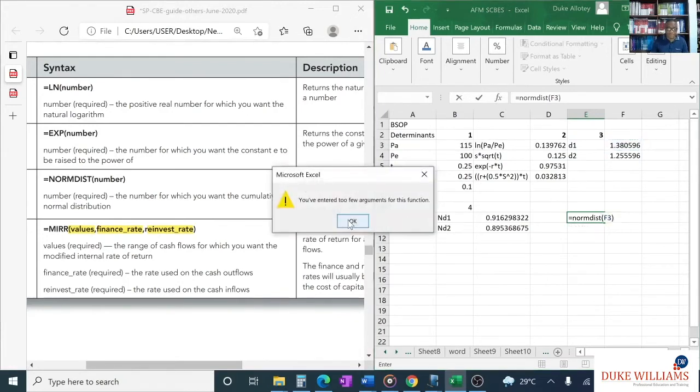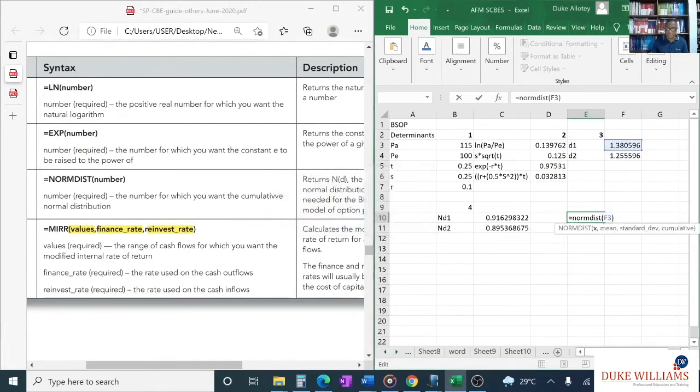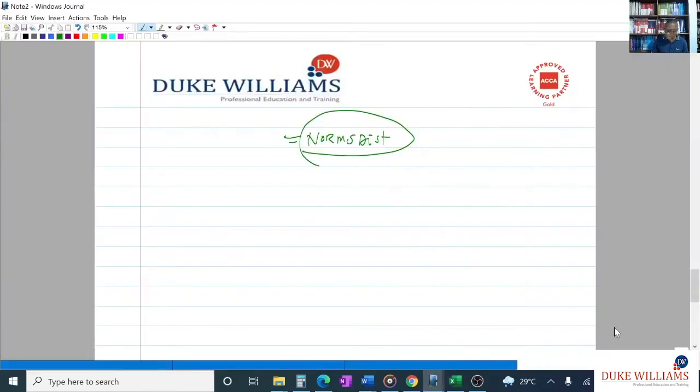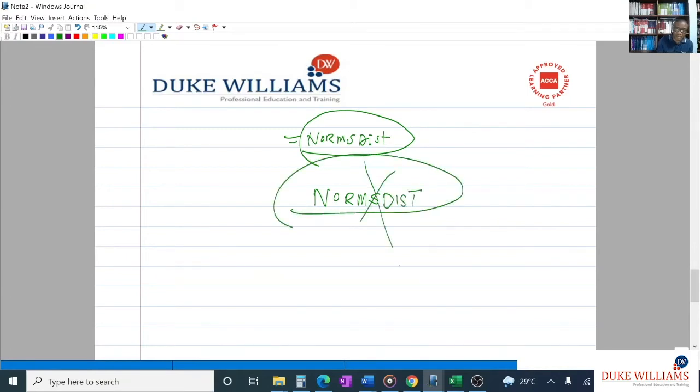Yeah, so I think it might be a typo or something, but it should be norm S dist. So take note of that when you are using that. It should be norm, then S there to show standard, then dist for distribution, just that. So I think the typo error was missing the S bit there.